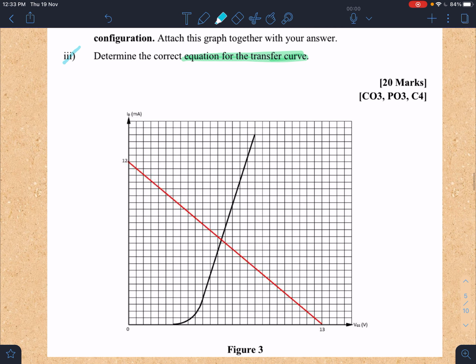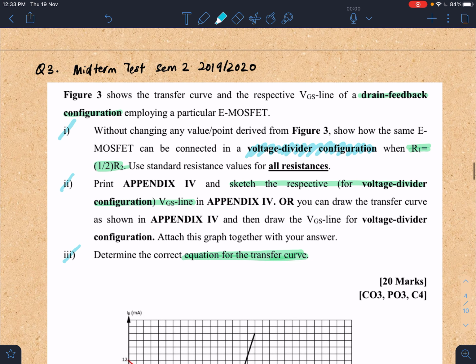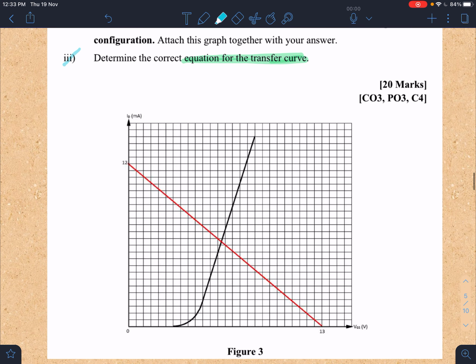However, this graph is actually derived from the drain feedback circuit. It's shown here from the drain feedback, which means that you modify this circuit, but you take the given values from the drain feedback.